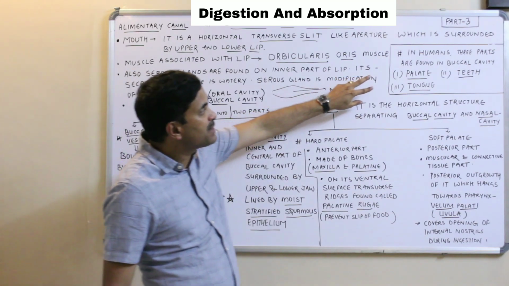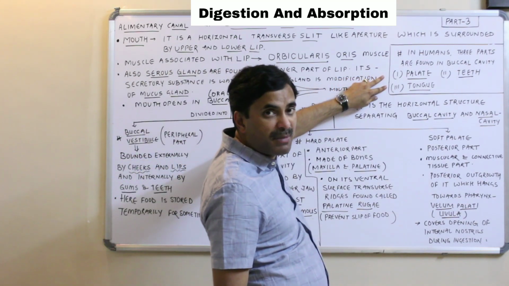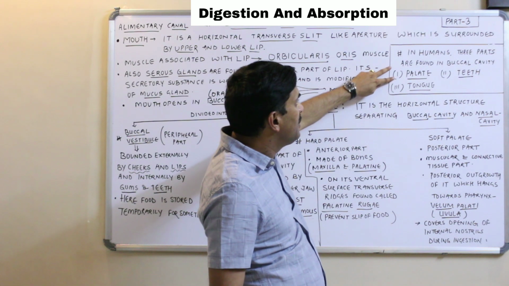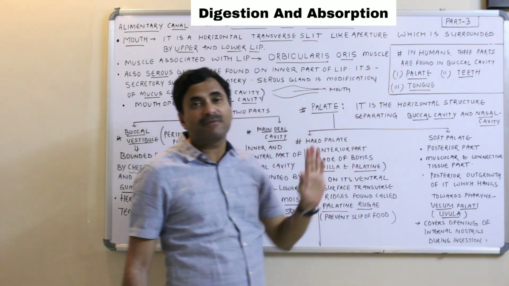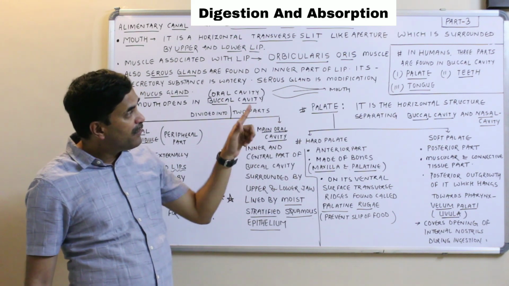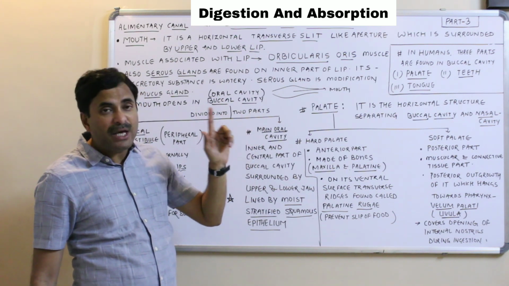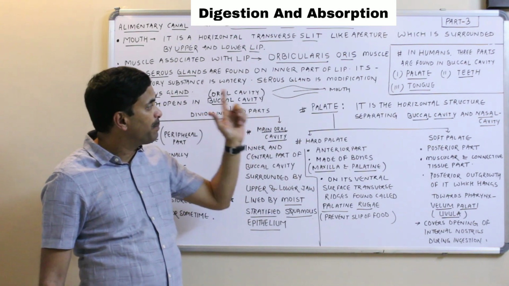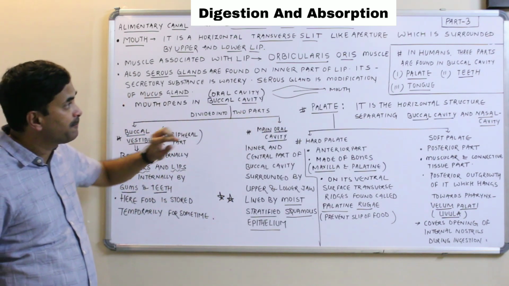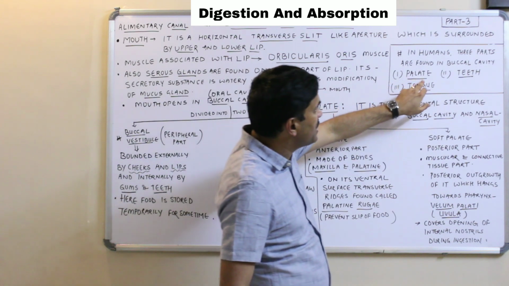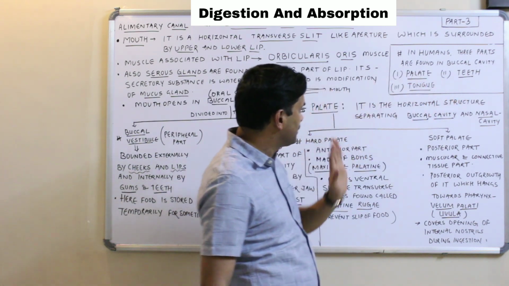Otherwise, we have to discuss three parts found in the buccal cavity, and all are very important: the palate, the teeth, and the tongue. When we finish these three parts, only then our topic of the buccal cavity will be completed.